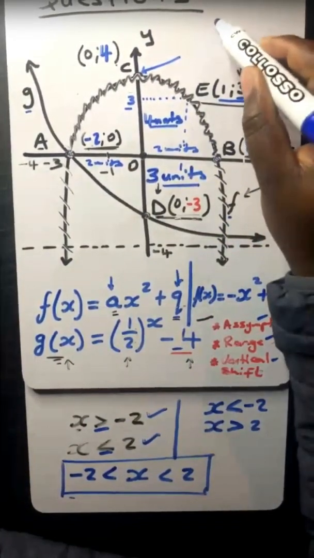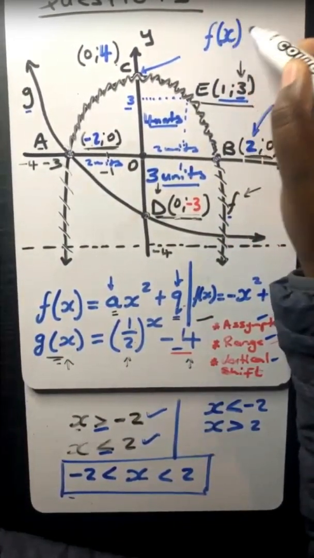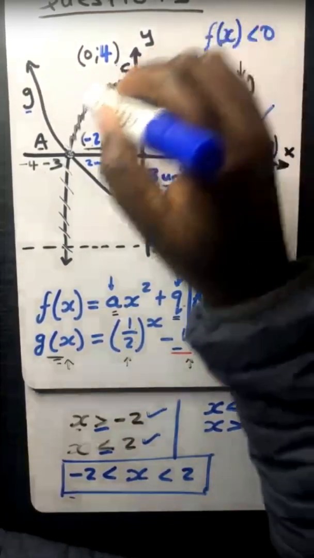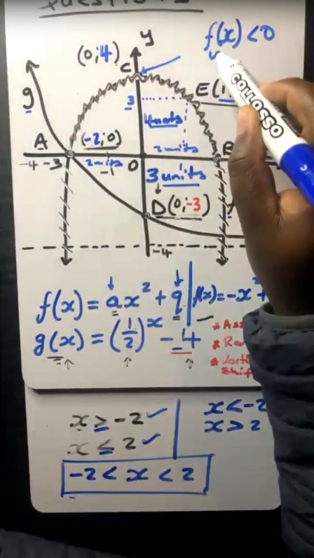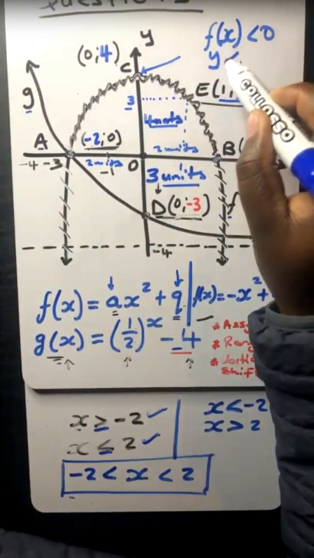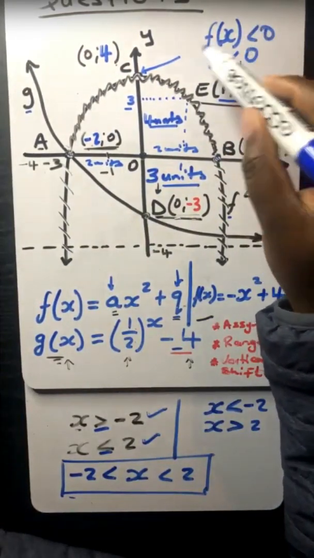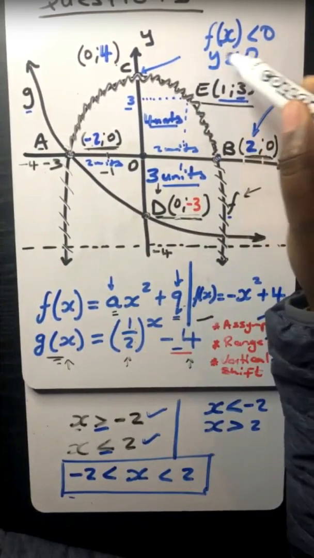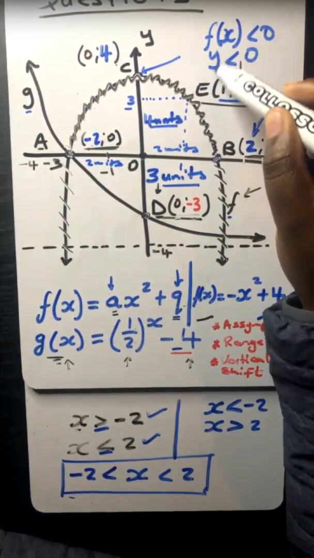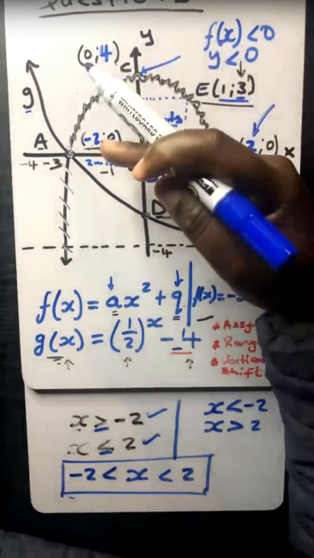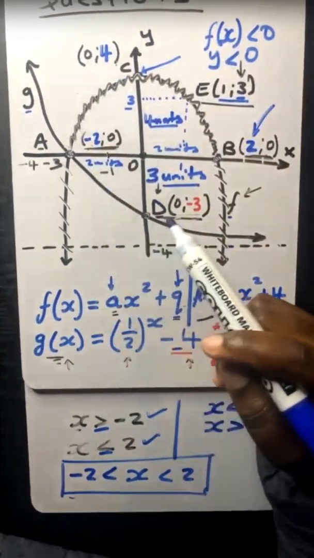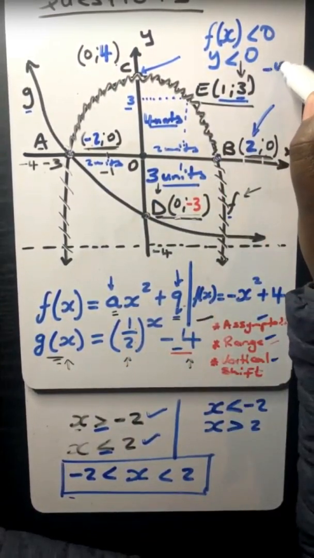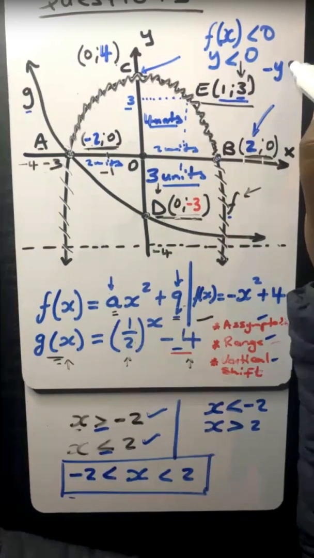When the question says f of x less than 0, it's more like they are saying for this function f, which x values give y being less than 0? Because f of x we know is y. So they are saying for which x values are you having y values on the negative side. I think now I'm explaining it nicely. They're saying, where are we having negative y values?